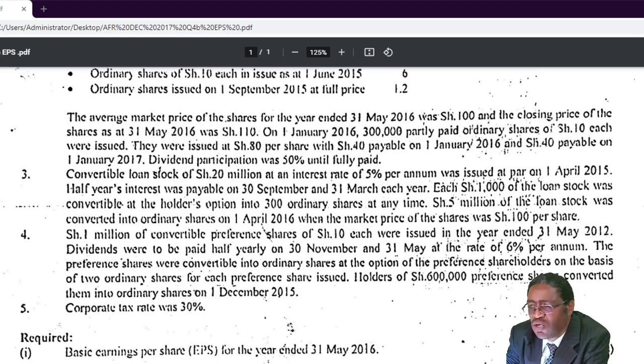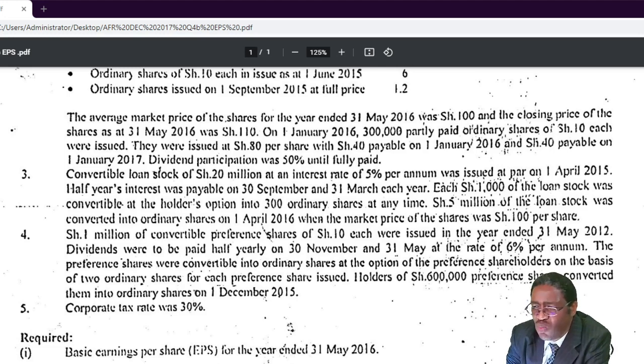Shillings 5 million of the loan stock was converted into ordinary shares on 1st April 2016 when the market price of the share was 100 shillings per share. That's number 3.